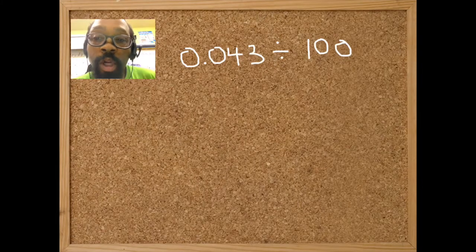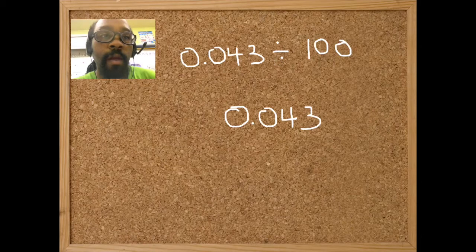Our next problem, we're going to go ahead and deal with powers of 10, and you can see that we're going to divide 0.043 divided by 100. If you remember our previous lessons, we realized that dividing by power of 10 is easy. All you're doing is moving the decimal place. Our decimal place here between the two zeros needs to be moved to the left by how many zeros we have up here, which is 2.